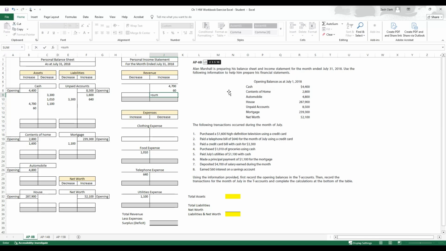So you can go into this cell, type in equals sum with the parentheses and then left click and drag down the cells that you want to summarize together. And then you're saying, give me the sum of J7 to J8.